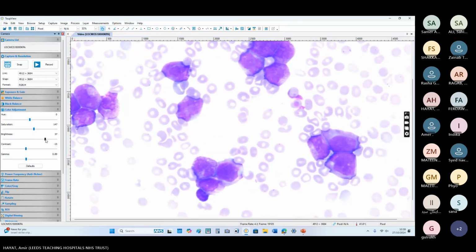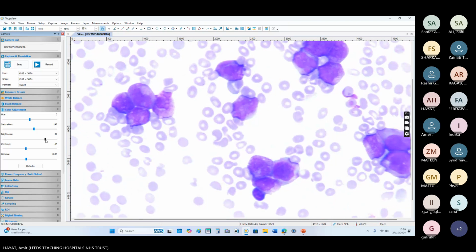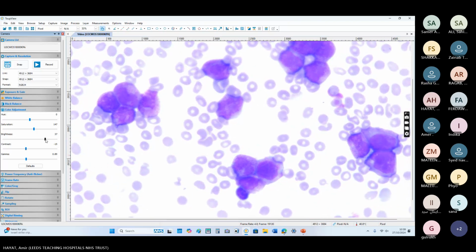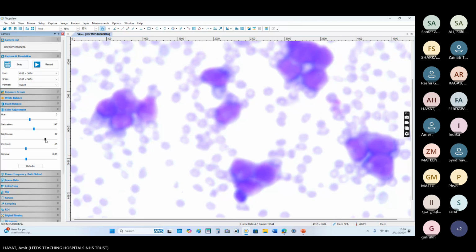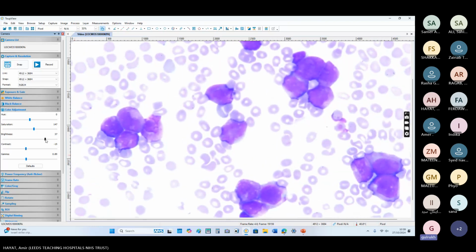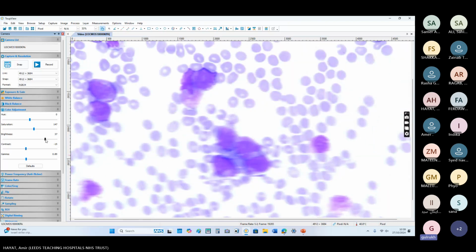These are malignant promyelocytes, medium to large in size, with adequate cytoplasm, a convoluted nucleus, may have nucleoli, and the cytoplasm, when it's granular type, has granules. And in both the granular or agranular type, we can appreciate Auer rods.